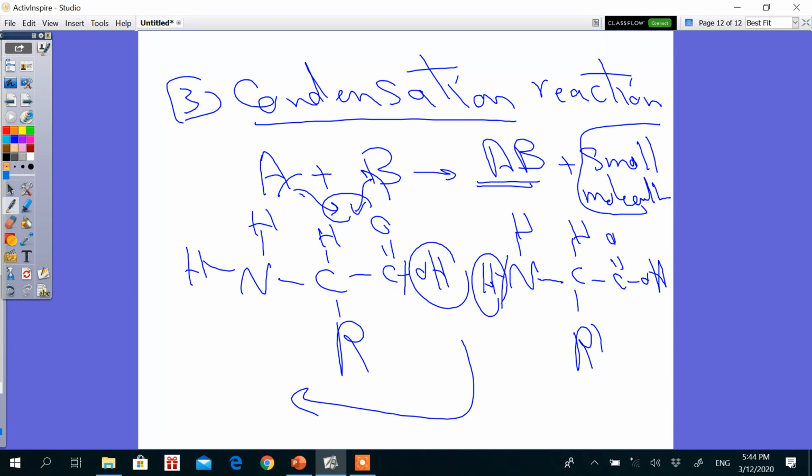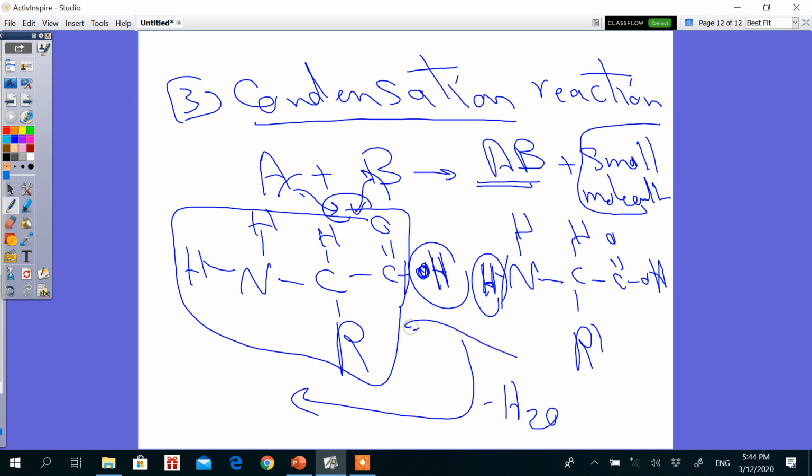Our small molecule, when we break that bond, is HOH. HOH is H2O, the molecule of water. So you get that molecule out. Your product will be the addition of that amino acid to that amino acid.